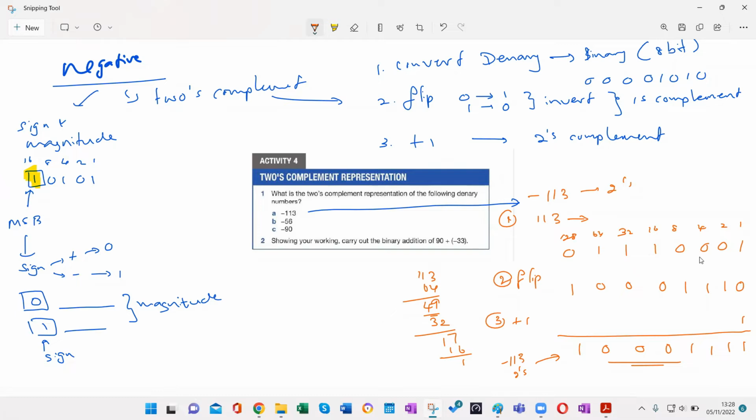Right, those who did, check whether you got this answer. If not, you complete it. I'll give you 1 minute. Just do the same thing. I mean, you do the workout on your own in your exercise book.